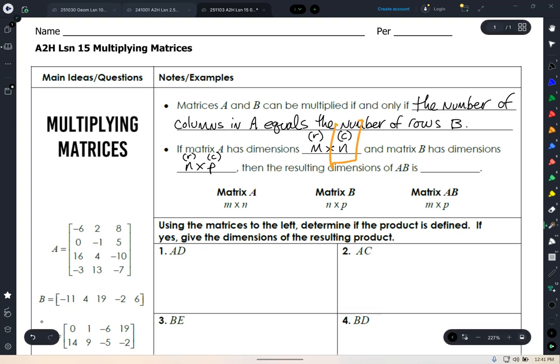So when the columns of A match the rows of B, we can multiply, and the resulting dimensions of the product are going to be m times p.